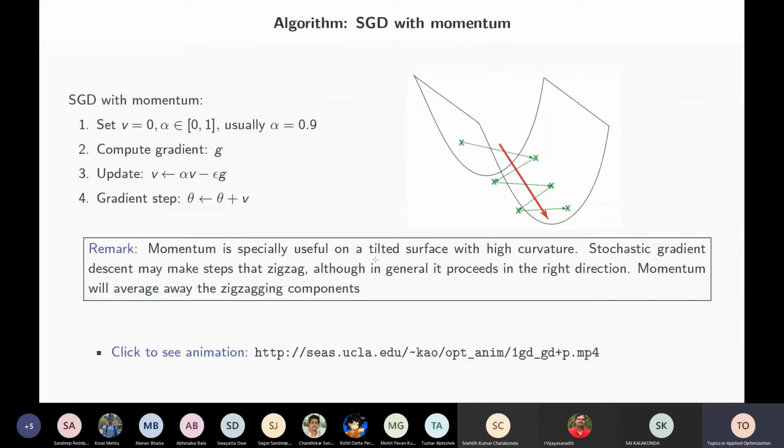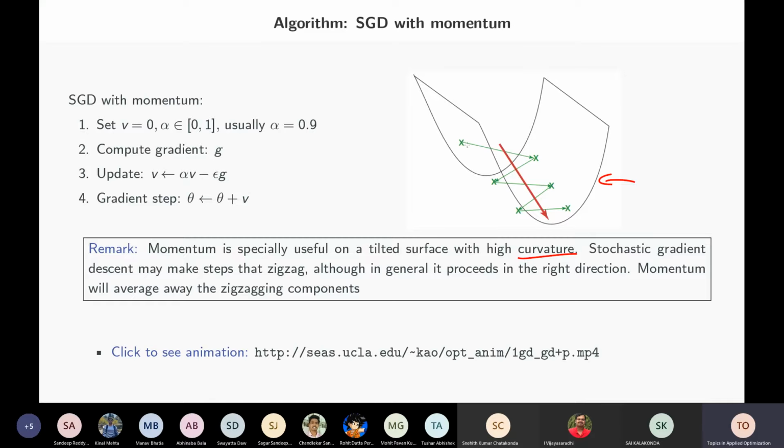Momentum is especially useful on a tilted surface with high curvature. This is an example that is given to you. It's high curvature because there is a lot of bend here. The second derivative is very high. So stochastic gradient descent may make steps that zigzag. This may happen especially in problems with high curvature, and this is very prominent in neural network based functions.